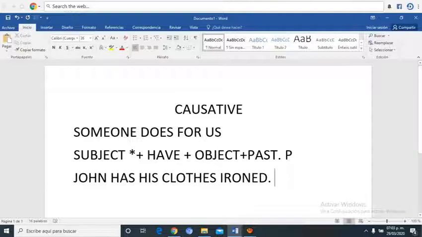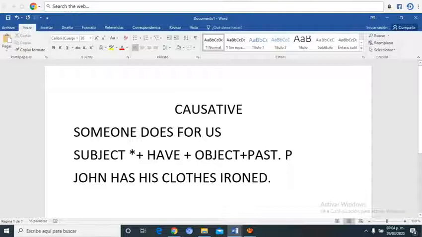John didn't want to wash his clothes, so he has his clothes ironed. That means that another person did it for him. Okay? So it's important you follow this structure. The subject plus have or has, depending on the subject. The object plus the verb, always in past participle.